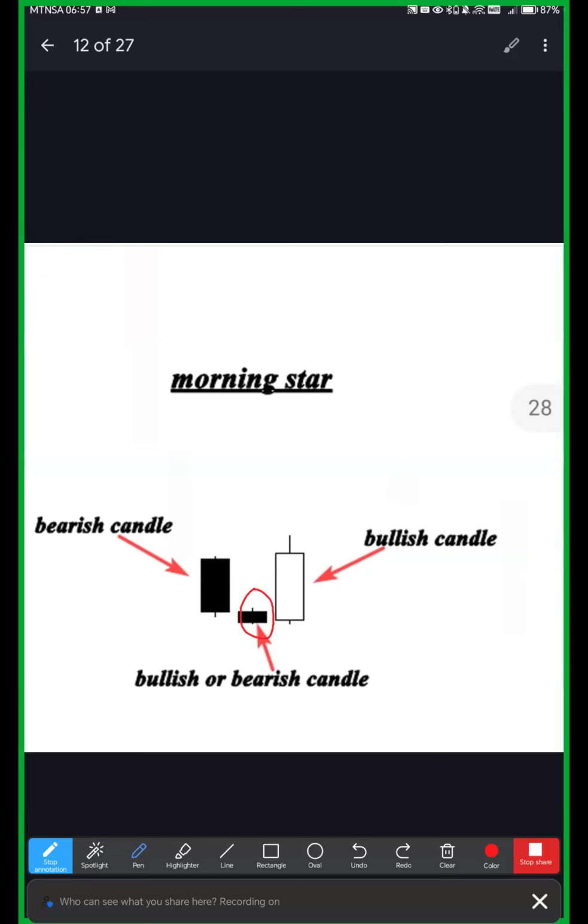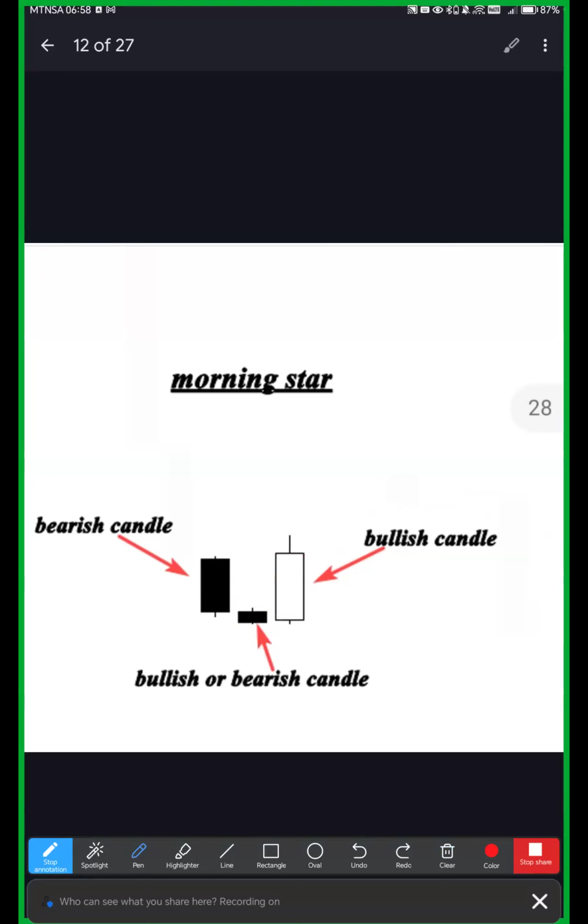Now, after this session has ended, you are going to see another session coming in. I'm using an example of a 4-hour session, assuming that this candle is a 4-hour candlestick. Another 4-hour session is coming, which brings in the third candle.